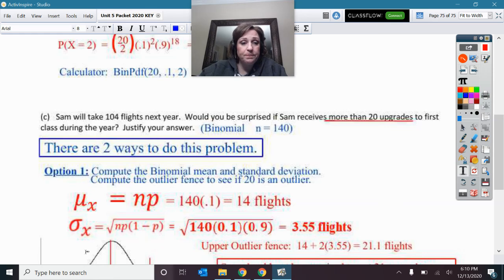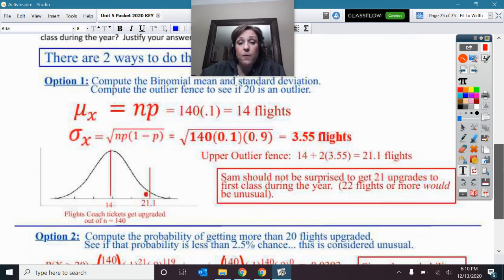So there are 2 ways you can think of this. The first one is compute the mean and the standard deviation and then see if 20 is an outlier. Either way, you have to do the mean and standard deviation. So I did that. There's the mean and there's the standard deviation. And 21 is actually just inside that fence. So 21 wouldn't surprise me, but 22 or more would.